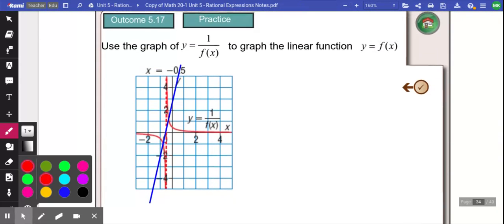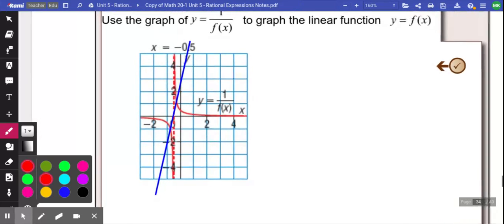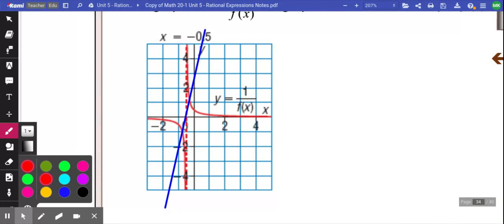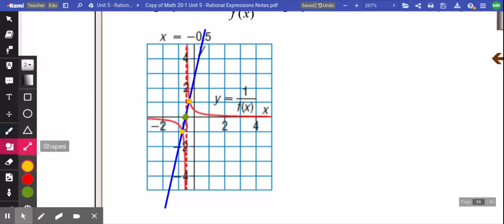All right, here's another one here. Again, you'll notice things in common, right? So we have our asymptote right there, that x-axis. We have invariant points, which are at 1 and negative 1, which created this nice straight line for us.